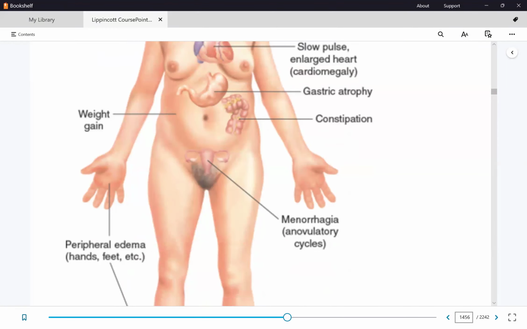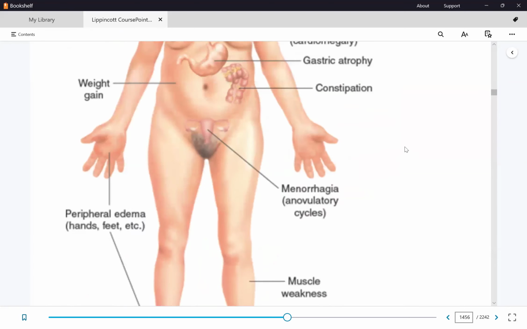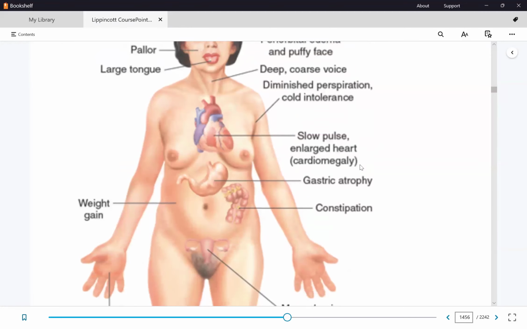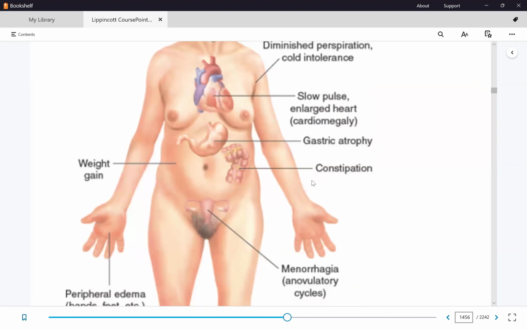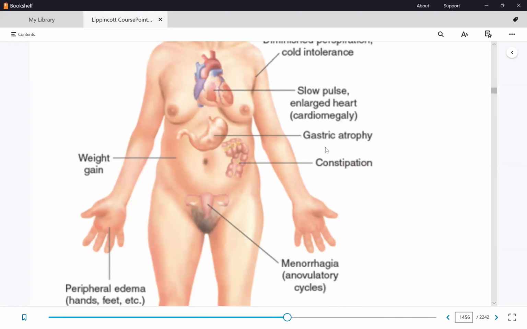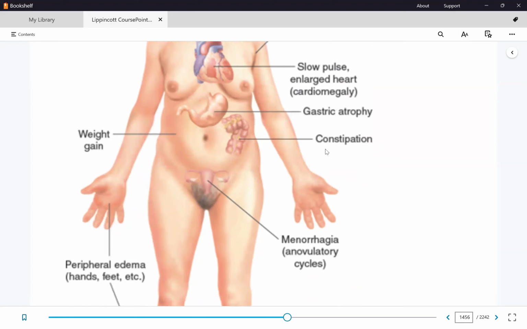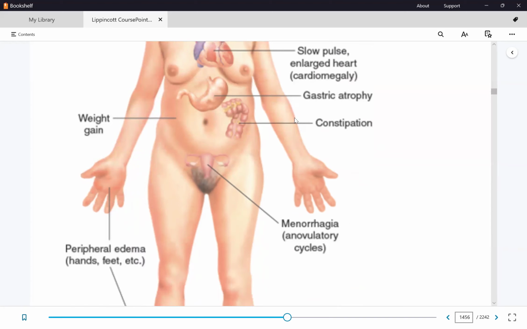So as I mentioned, it affects all body systems. So figure 45-5 tells you system by system. So from the brain activity to the heart, lungs, when we mean lungs, we also include the breathing muscle, the diaphragm is also included. So GI tract, there'll be constipation.